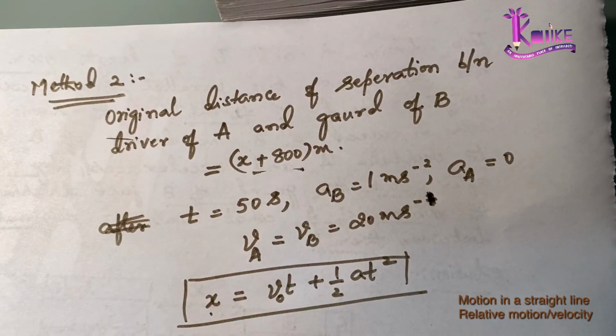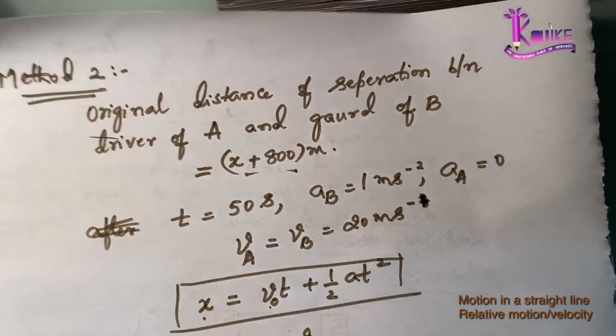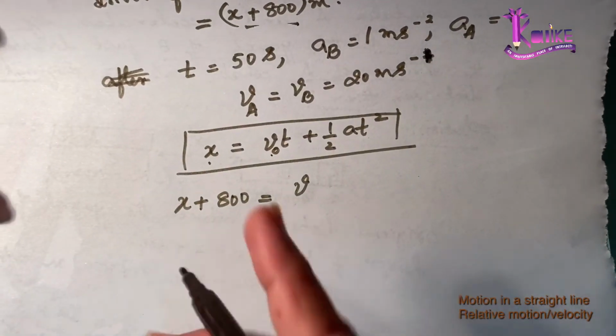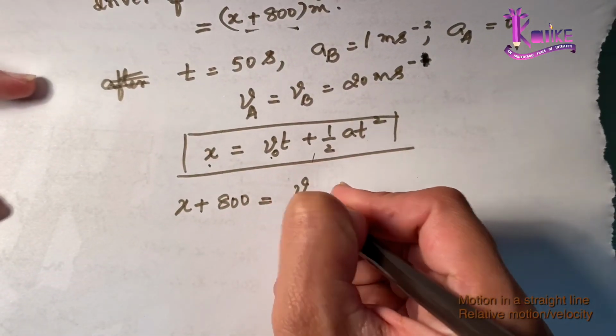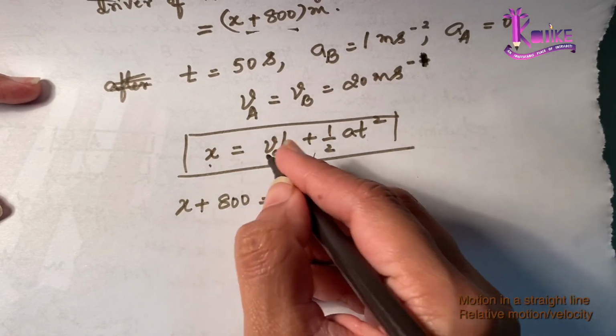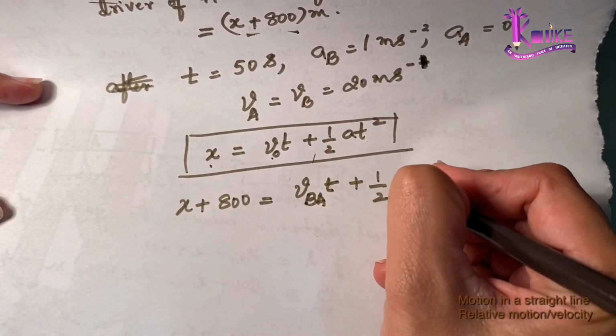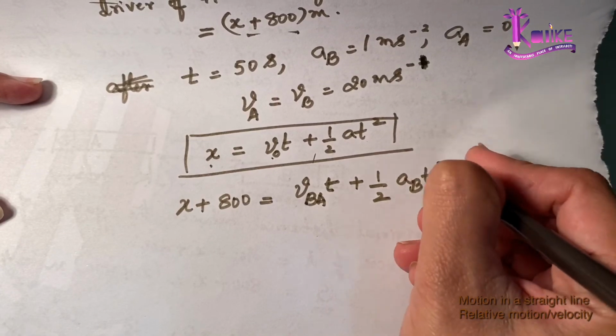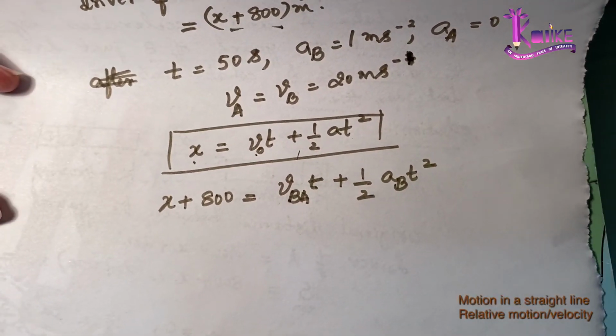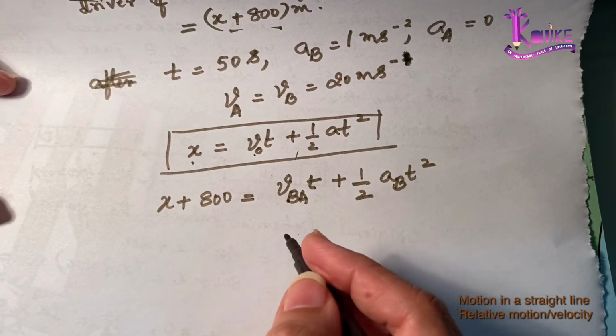What is the original distance in this case? I write it as x plus 800. Instead of V naught T, I can write it as, B is the one which is actually accelerating, so velocity of B with respect to A, because both the reference frames are in motion, into T plus half A of B into T square. So this is another way of solving the numerical.